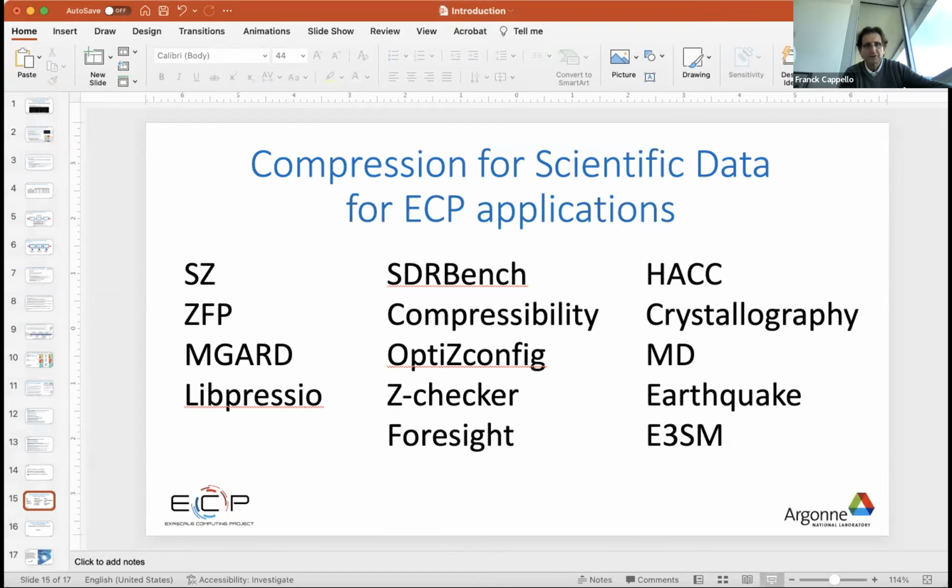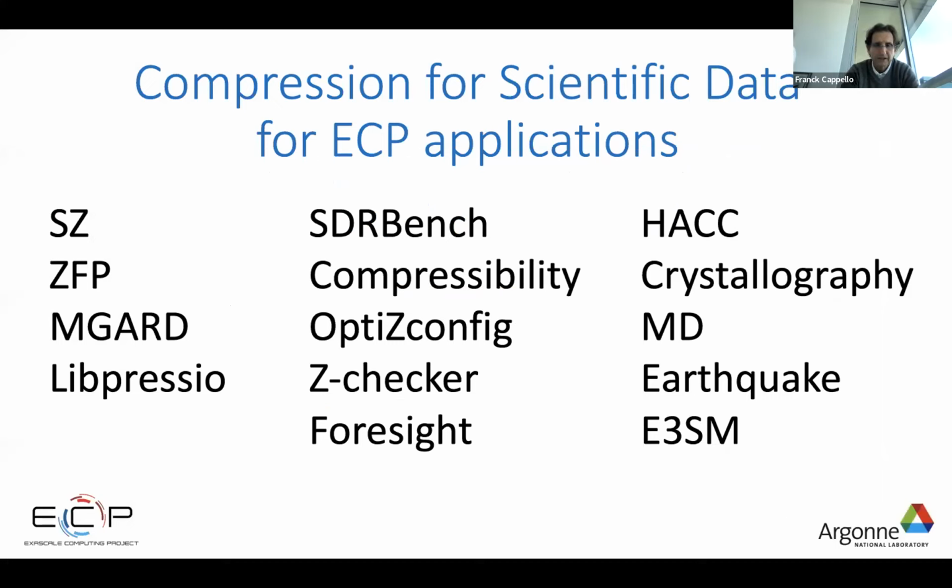So this is the last 15 minutes of this session, and in fact, you have seen many different things today, starting with the compression tools, the 4 different software developed in ECP for compression of scientific data. Then we looked at the tools that you can use to assess the error of lossy compression, but also a repository where you can submit your data set, and that will be used by people who develop compressors in order to compare their techniques.